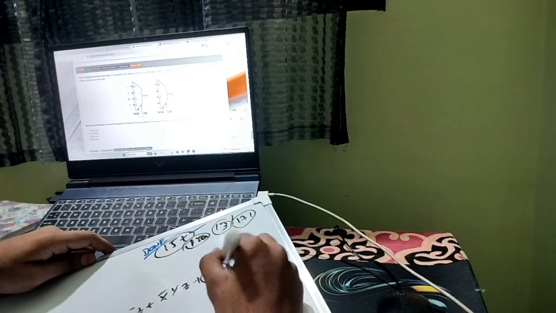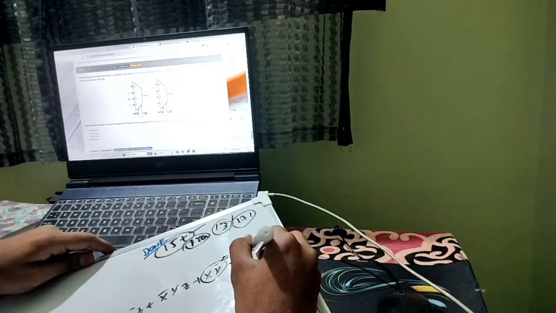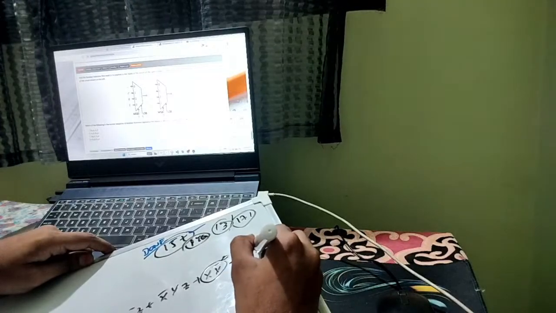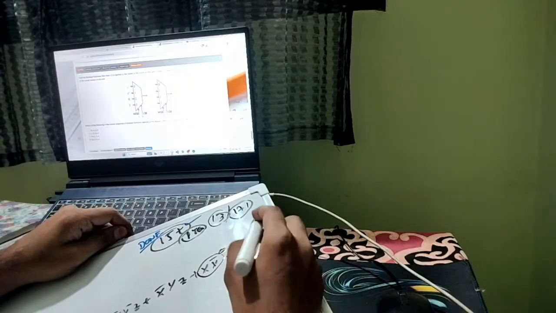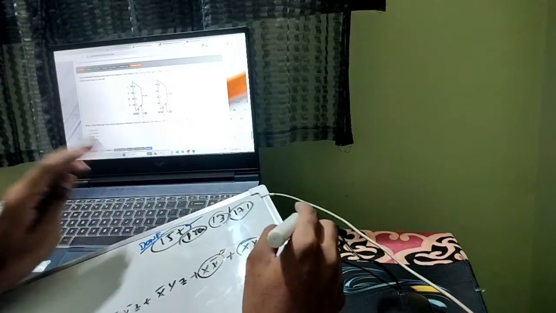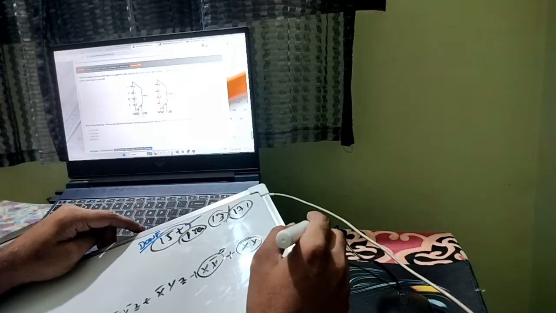Okay, this term will be 0, plus X Y. So we need to get X Y as one term. So if we need to get X Y as one term, what does it have to be?